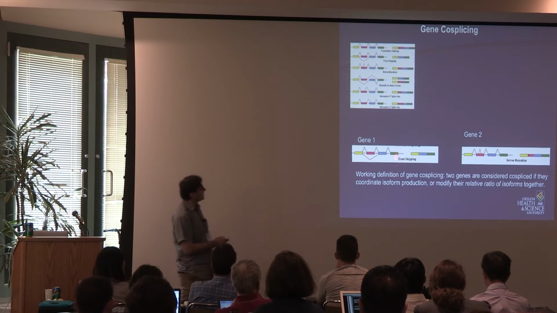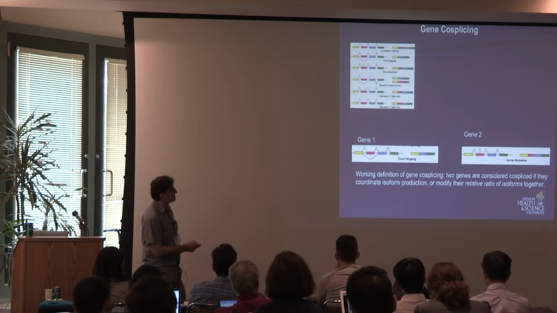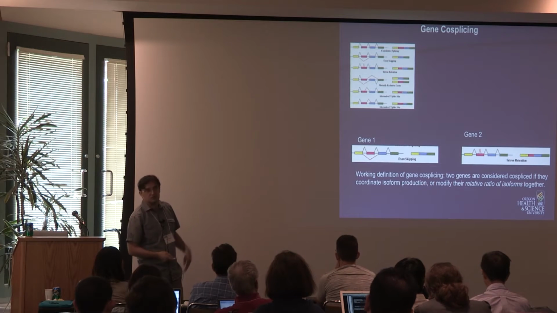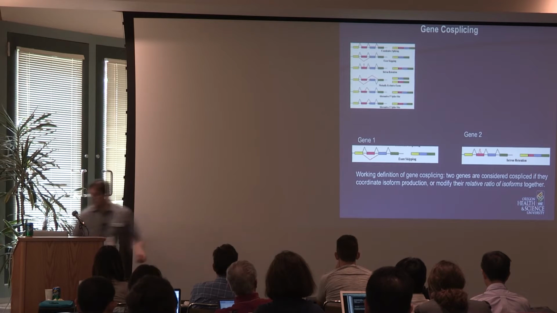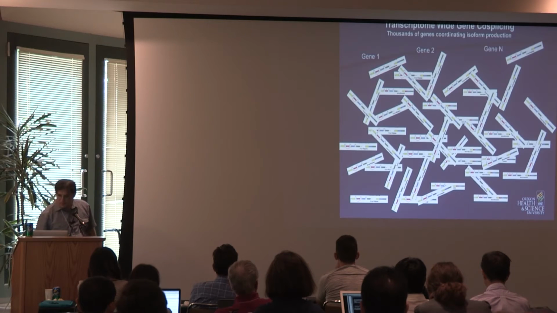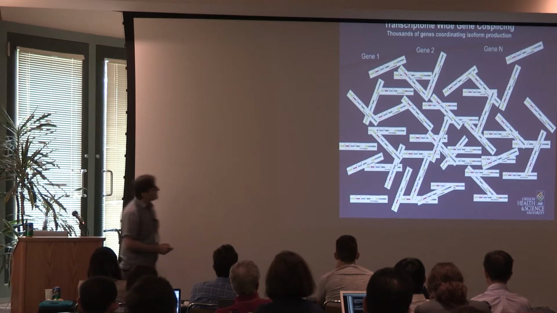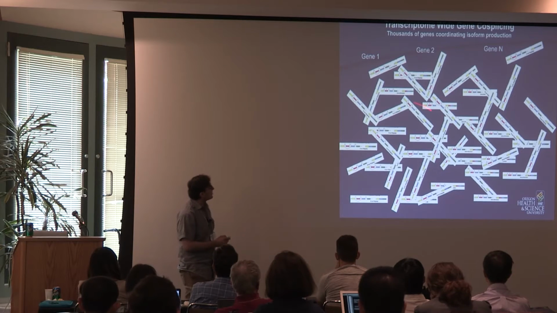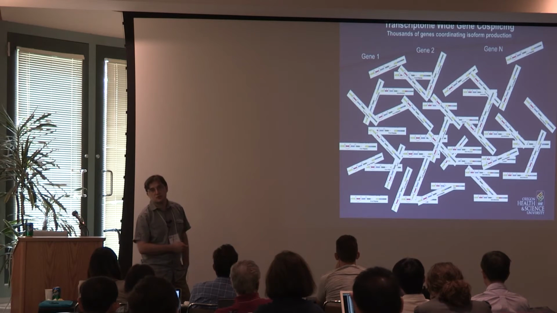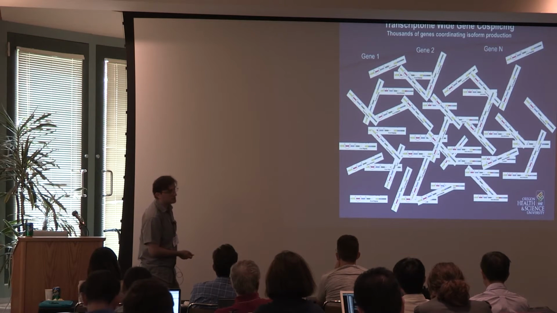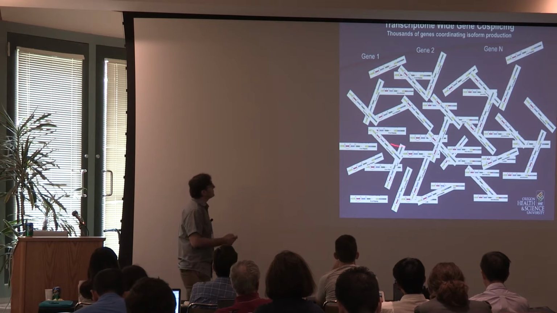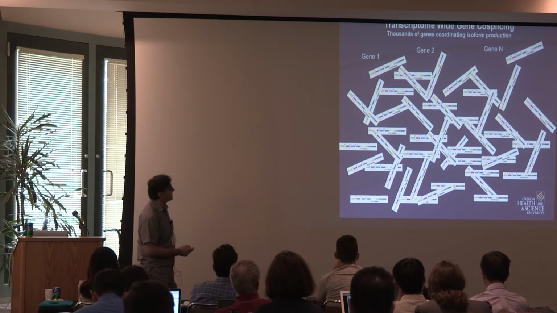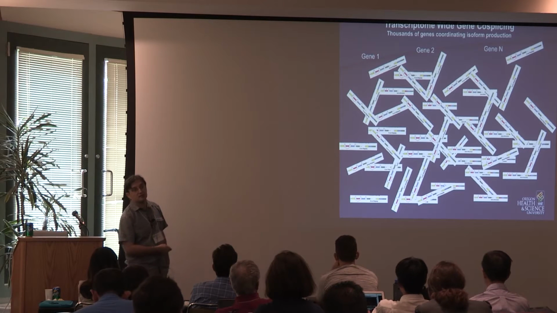So whenever one skips the exon, the other one will keep the intron, or variations on this theme. Of course, we have thousands of genes in the transcriptome, and each one of them will possibly produce several isoforms. So what I want to do is to integrate all of this information in the WGCNA framework.